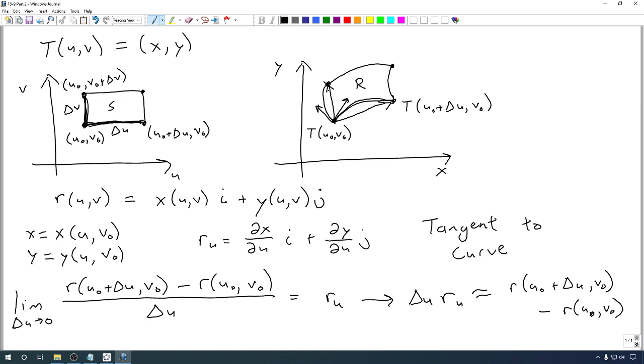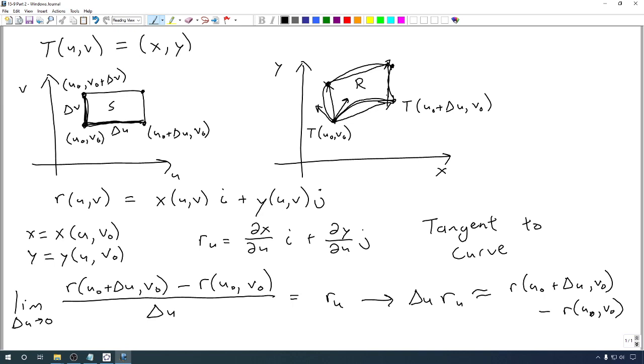And then if we take that vector and that vector there and complete a parallelogram, it might be a little hard to see here. If this is a little confusing, maybe take a look at some of the pictures in the book. But the idea is we have two vectors here that we complete a parallelogram for, and we want to estimate the area of R as approximately the area of that parallelogram.